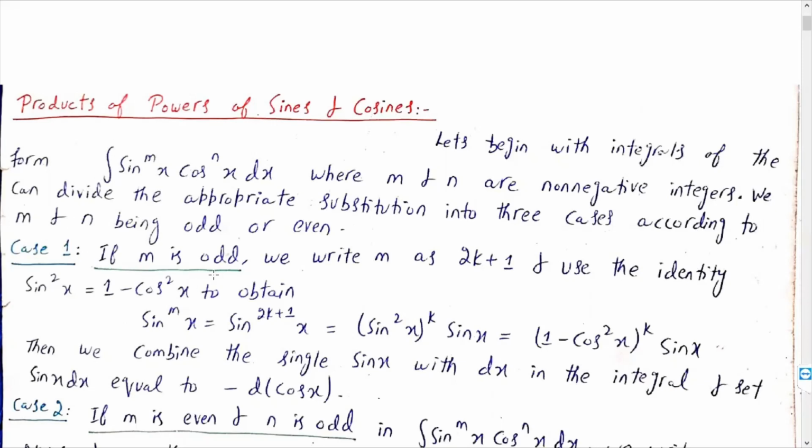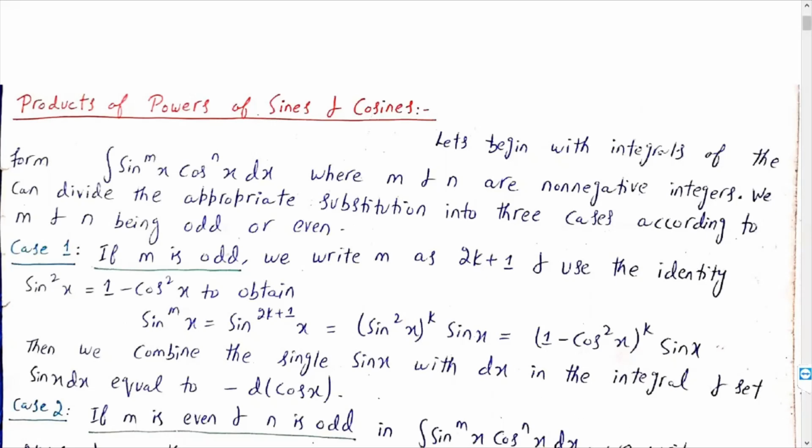First of all, if the power of sine is odd, the following substitution will be effective. Expand sine square as 1 minus cos squared. Then substitute u equals cos of x. This will reduce the integrand to something that is easily computed.